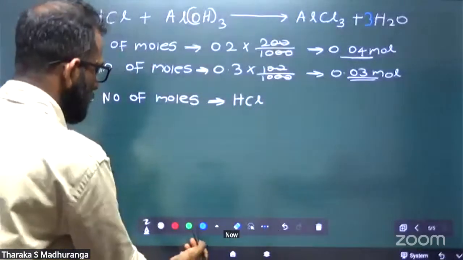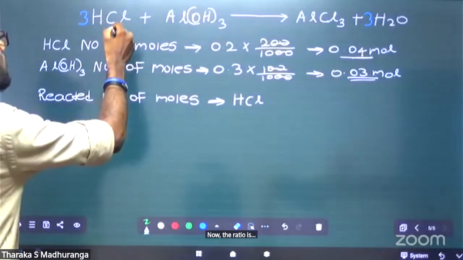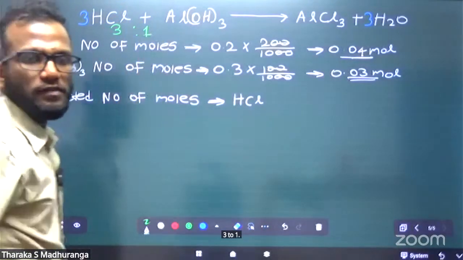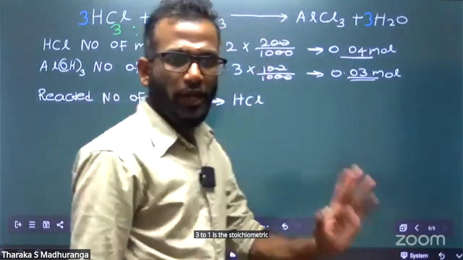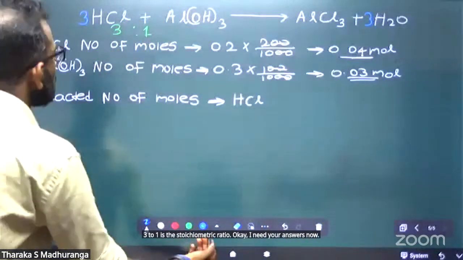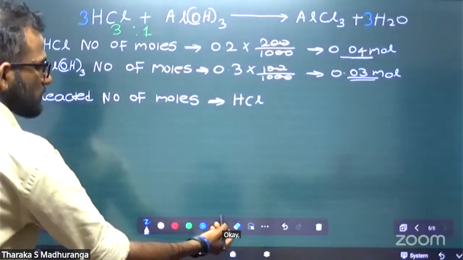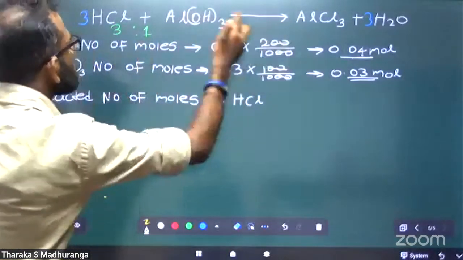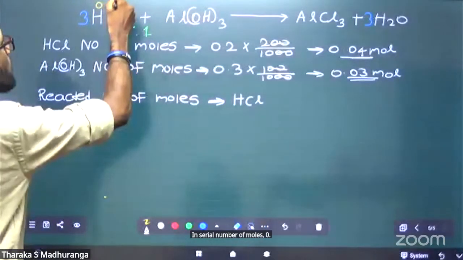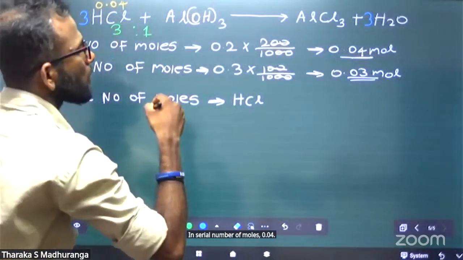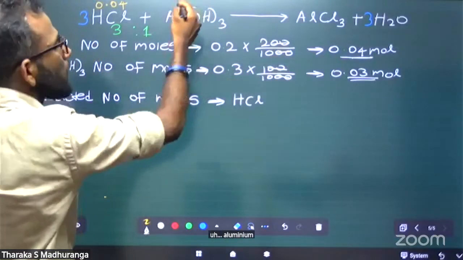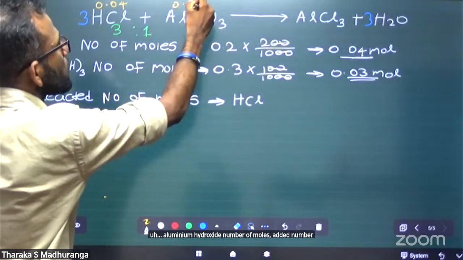Now the ratio is 3 to 1. 3 to 1 is the stoichiometric ratio. Okay, I need your answers now. HCl number of moles is 0.04. Aluminium hydroxide added number of moles is 0.03.